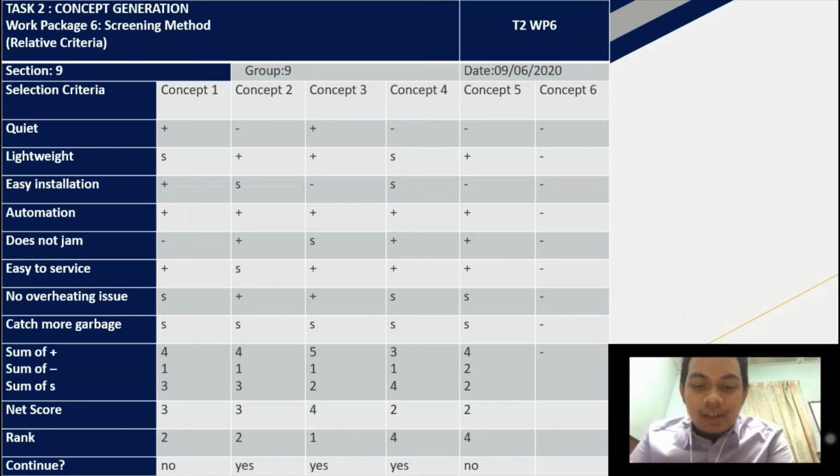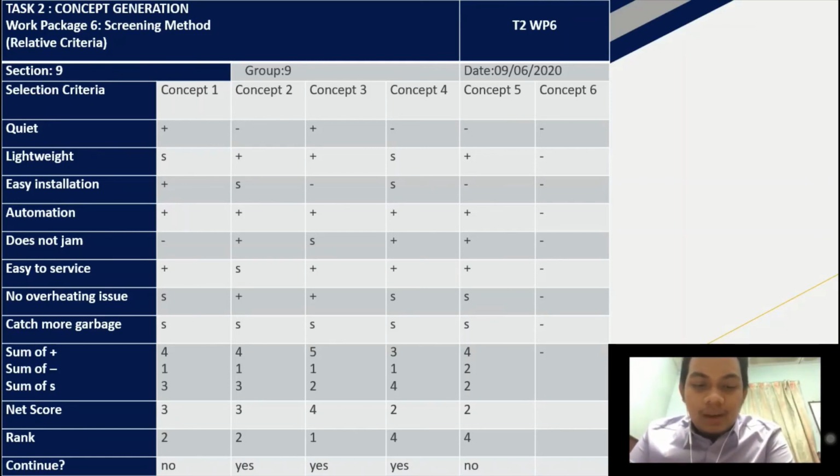For easy installation, you can see we have 1 positive, 2 S, and 2 positive. For automation, concept 1, 2 and 3, and 4, 5 are positive.